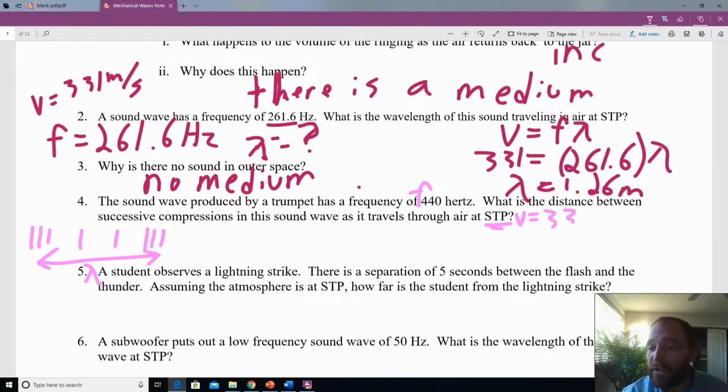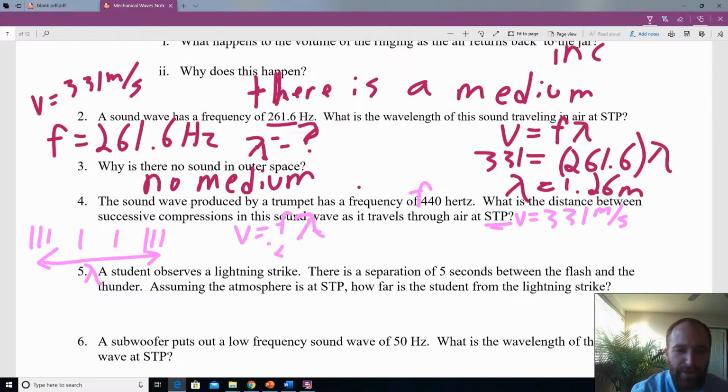So this should become kind of like a good flag. Like a clue that this is what you're supposed to be using. So I'm going to use V equals F lambda, because we know V, we know F, we're solving for lambda.